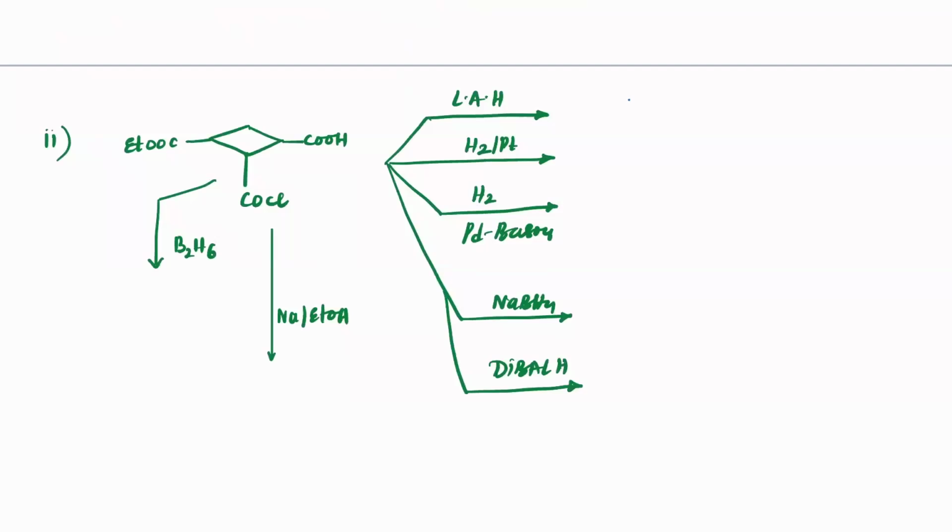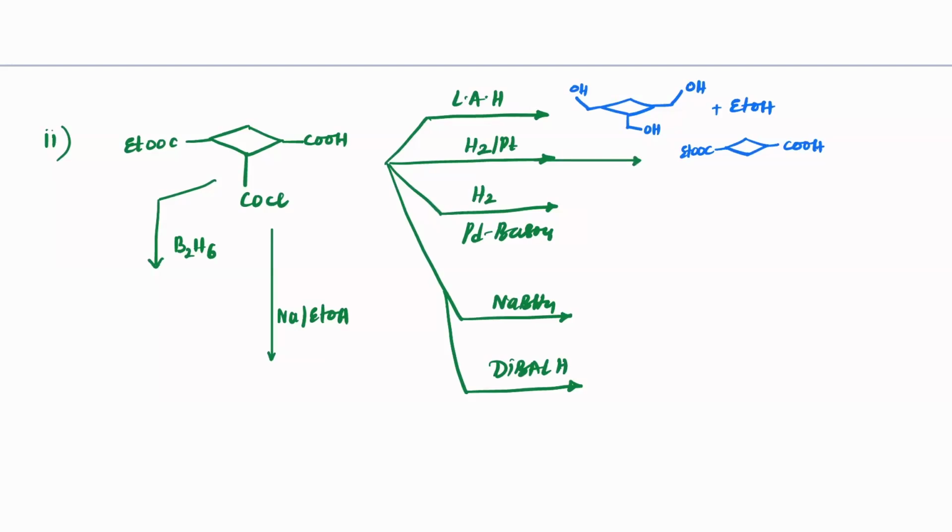So check out the first one. We will have this side getting reduced, this side also getting reduced, and ethanol is also forming. So all of this would happen. When it comes to H2 and Pt, you would notice that neither the acids nor the esters are easily reduced by H2 Pt. H2 Pt will not help in this reduction.